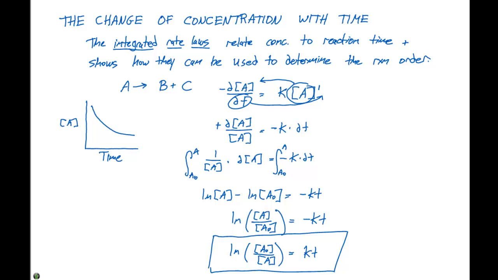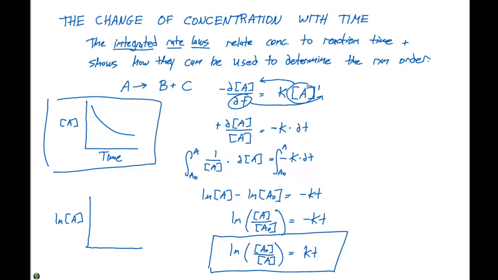And if we draw this out, we have this initial graph right here where we plotted the concentration of A versus time. Again, it's nonlinear, but what happens here is if we now plot the natural log of A on the y-axis and time on the x-axis, we're going to get a graph that looks something like this.